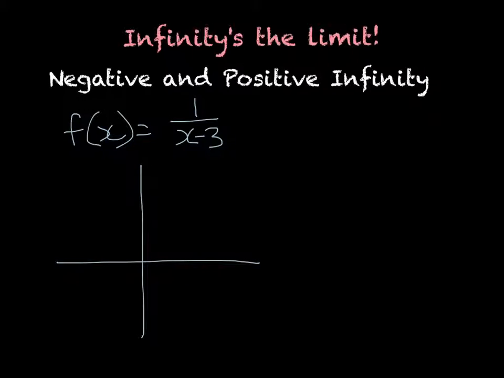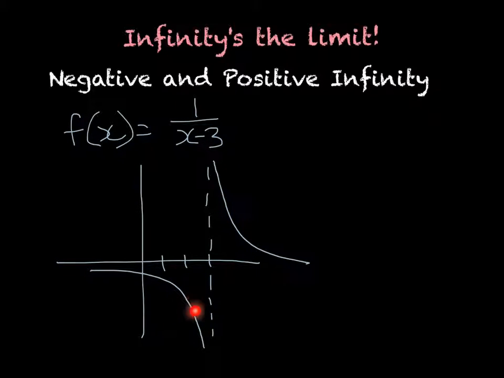The graph of this has an asymptote at x equals 3, and the graph looks something like this. So you can see that as we're approaching 3 from this side, it goes towards negative infinity, and as we approach from the opposite side, it goes towards positive infinity. In these sorts of cases, because the limits from the right and the left are not the same, you would say that the limit does not exist.